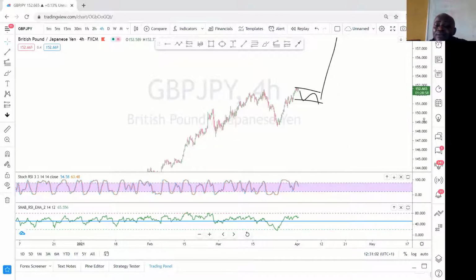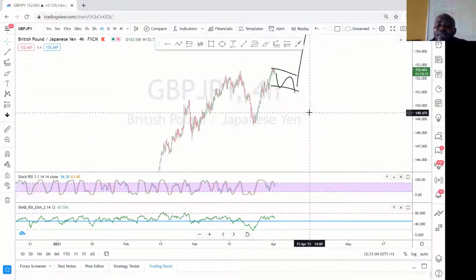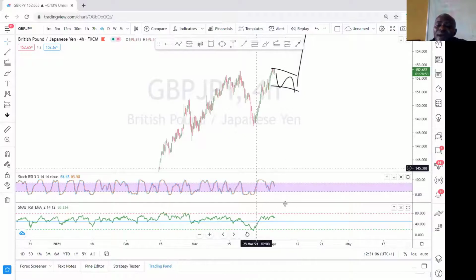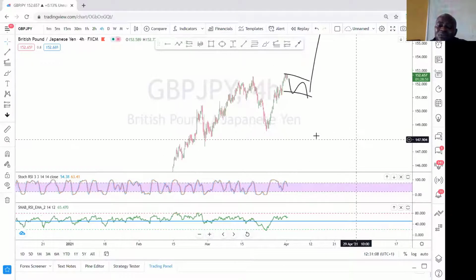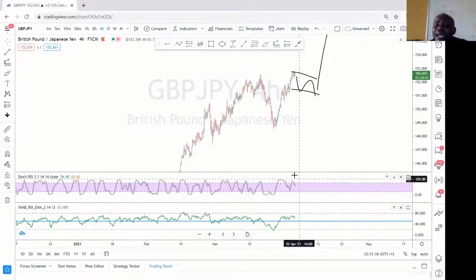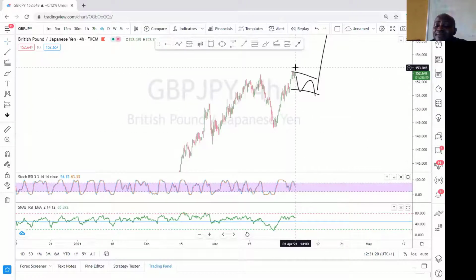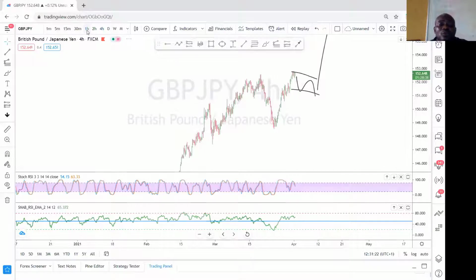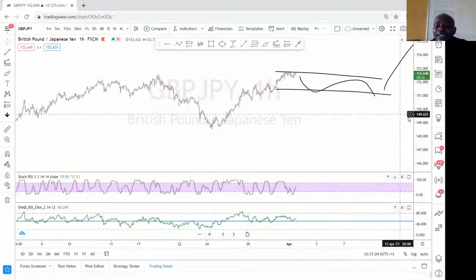Now, if you buy GBP JPY based on this time frame, you are buying the pullback, because look at the position of the stochastic.